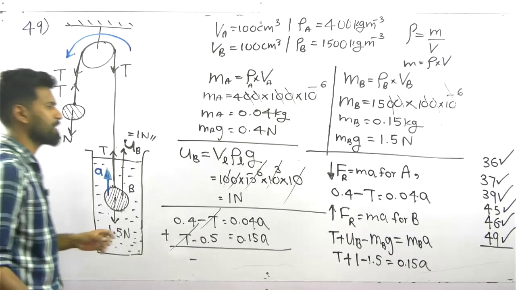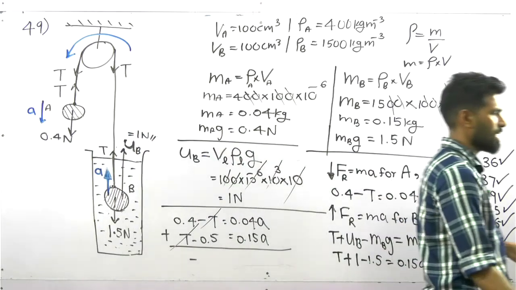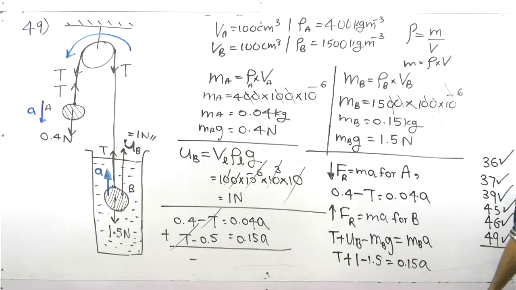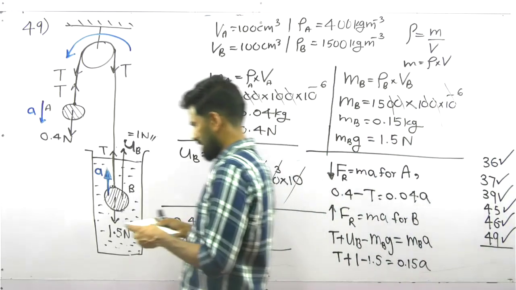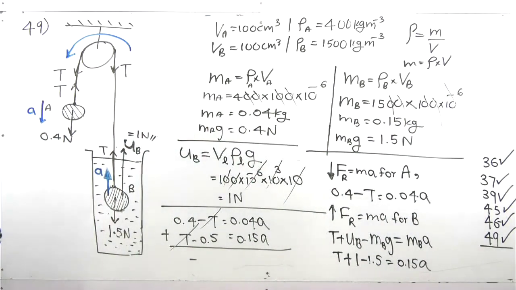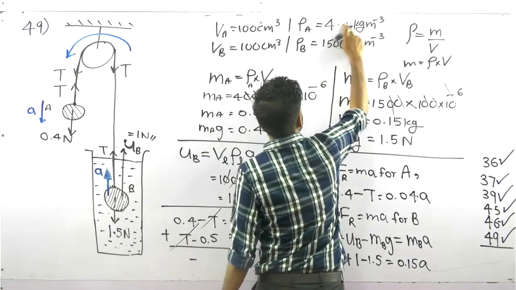Yesterday in the physics class we did it and we got the answer correctly. Let's see what has happened. Here the density is 4000. This is the problem.